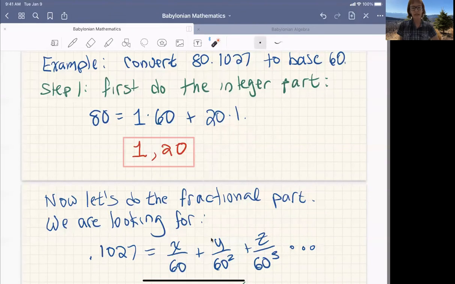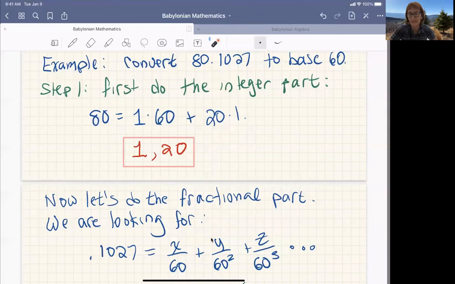So then the other thing to keep in mind is, because these are base 60 digits that I'm looking for, the X, Y, Z, and whatever else, these are going to be base 60 digits, which means integers from 0 to 59.